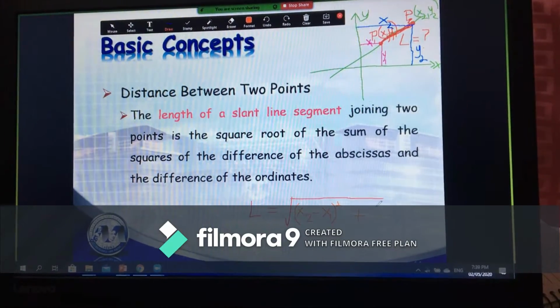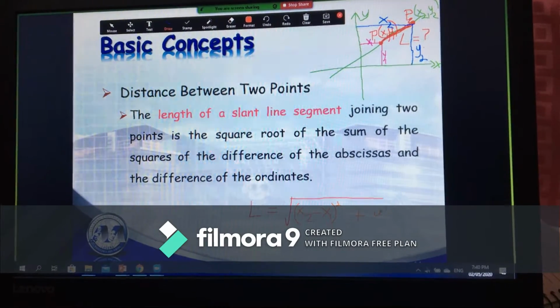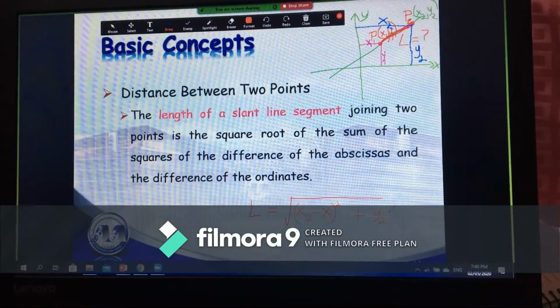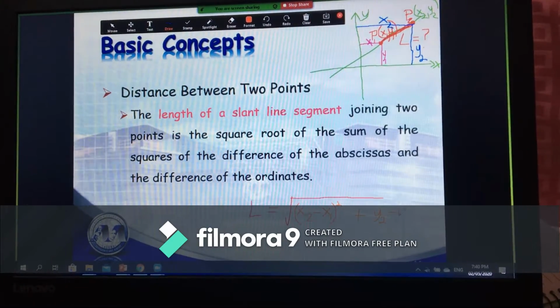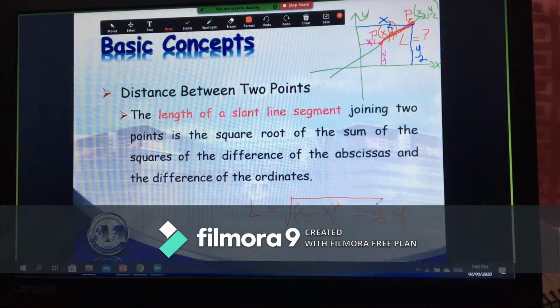So ano yung ordinates? Ang ordinates natin is we have y2 minus y1. Tapos square natin ito. Minus y1 and then you square it also.